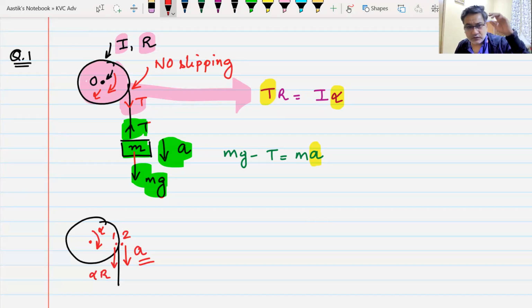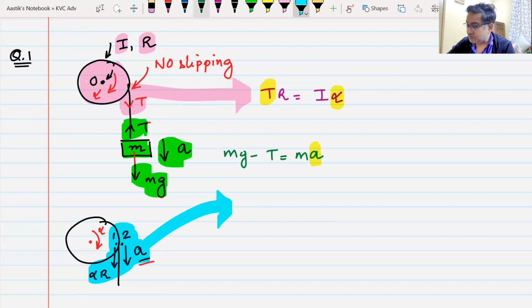If they have to move with the same acceleration, both of these accelerations must be the same. That is the equation that I will get from the condition of no slipping. So from the condition of no slipping, I get alpha into R is equal to A. Three equations, they can be easily solved. How?